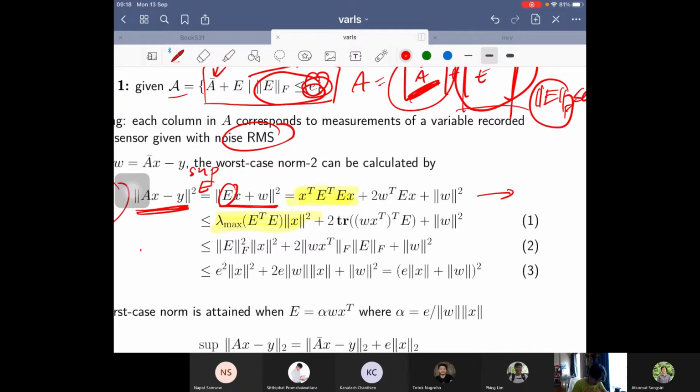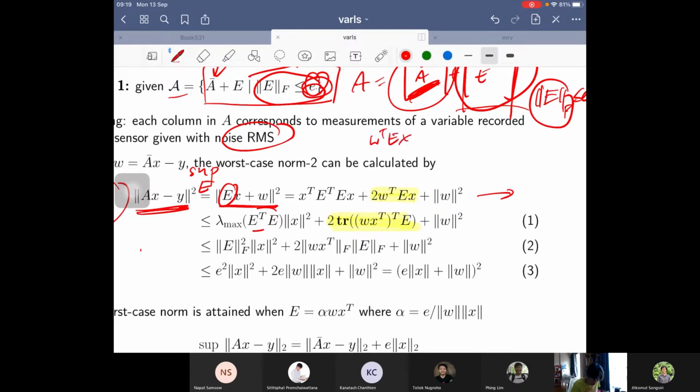I hope you review this. This is basic: this is a quadratic form in x, with some matrix B, that is bounded by the lambda max. The second term here is your homework problem.